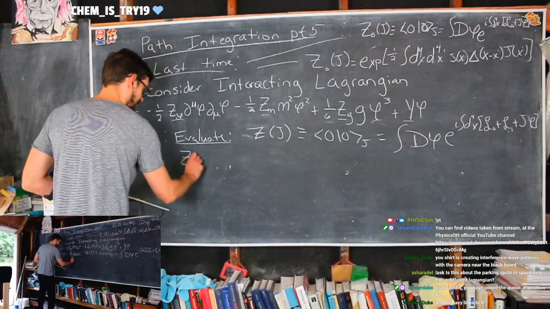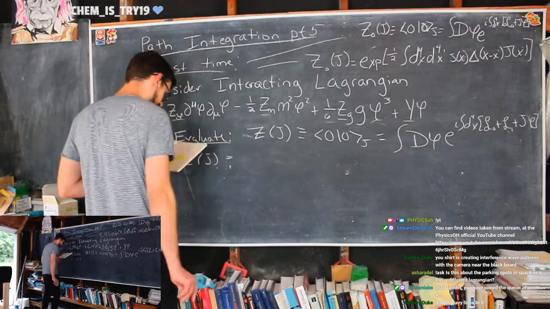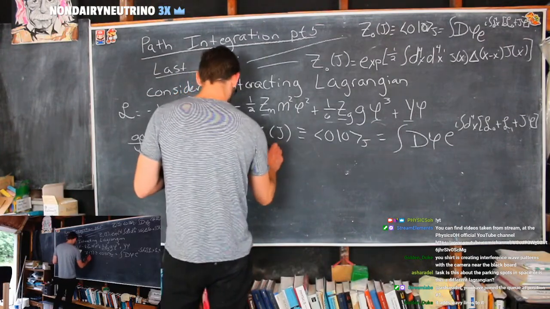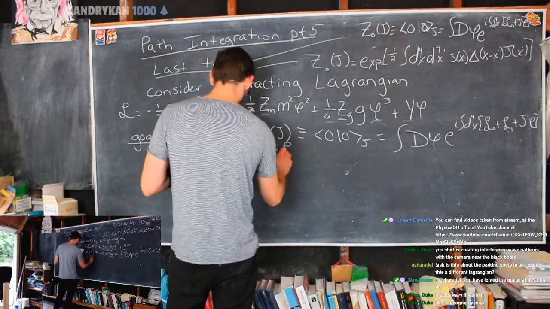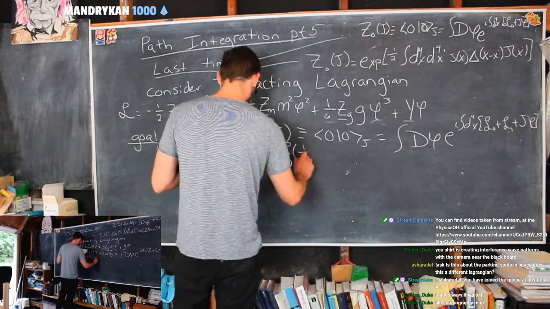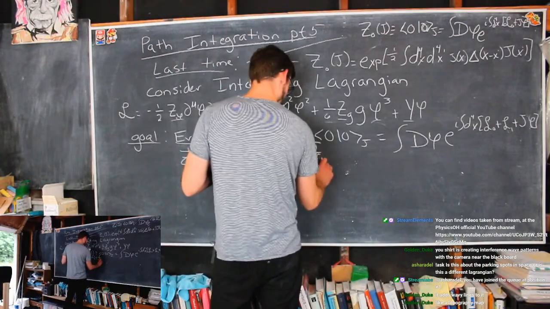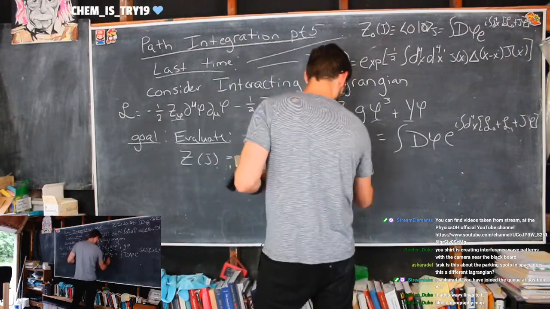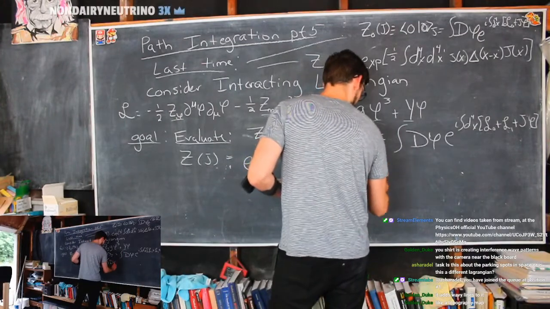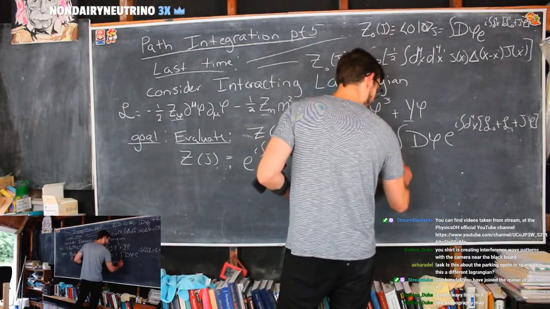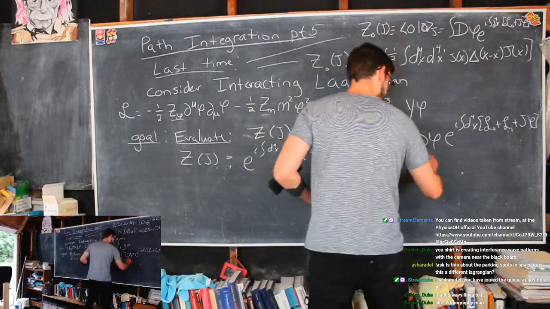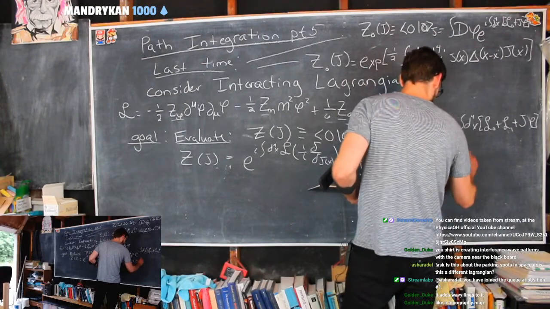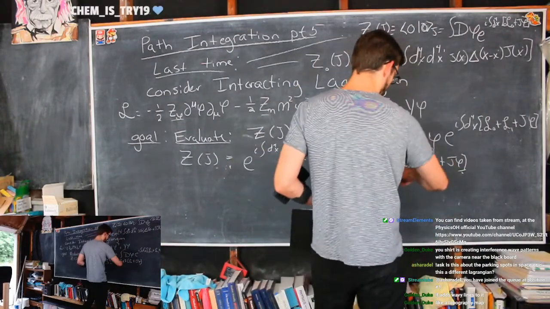We can recast it the same way we did in week 2, setting this equal to the exponent of i integral d4x times the interaction Lagrangian of 1 over i functional derivative with respect to J of x, all multiplied by the rest of the integral over all paths, e to the i integral d4x times the rest of the Lagrangian, which is this term without the interaction.